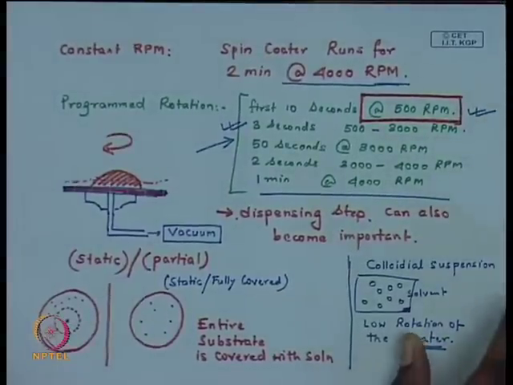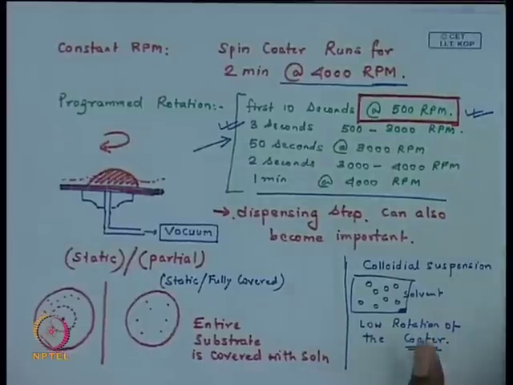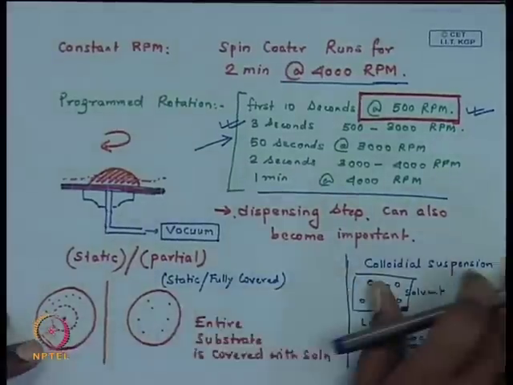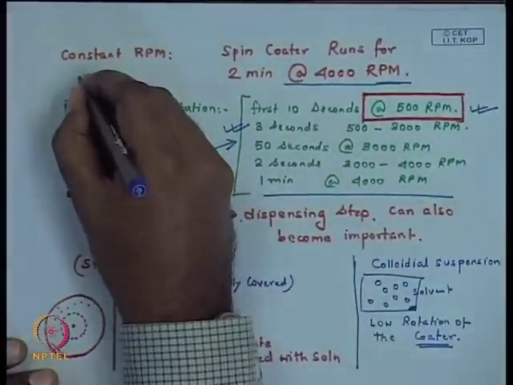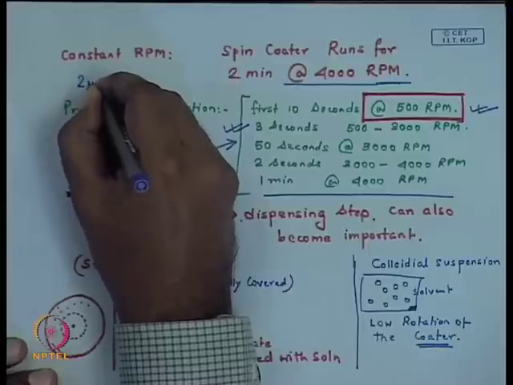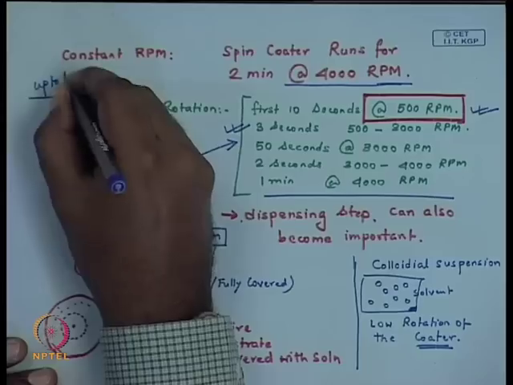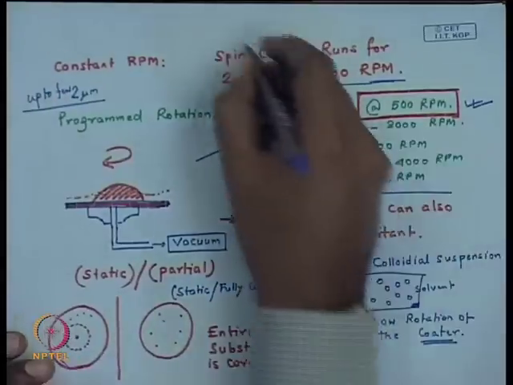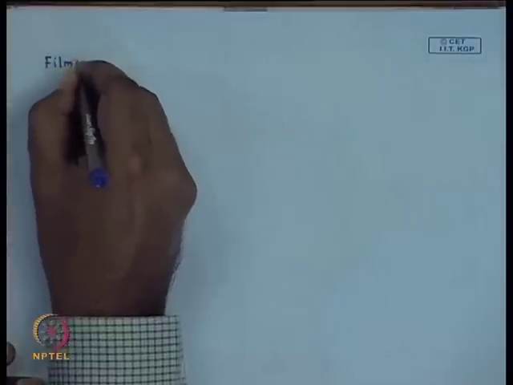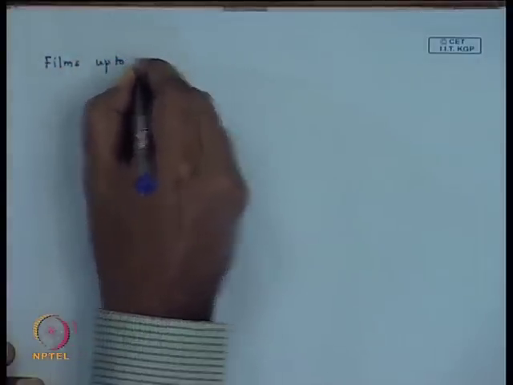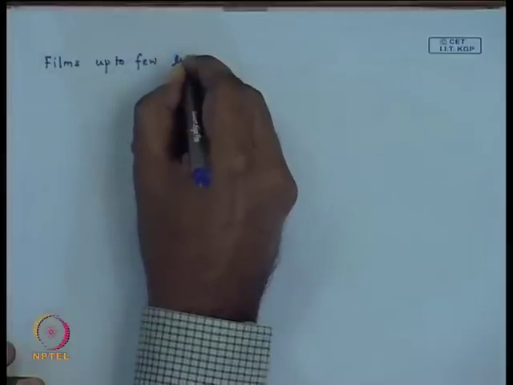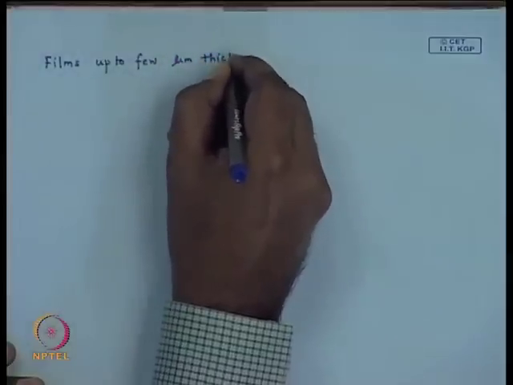But other than that, spin coating is a very simple, very versatile technique, and one can create films which are up to a few micron thick, which is good.